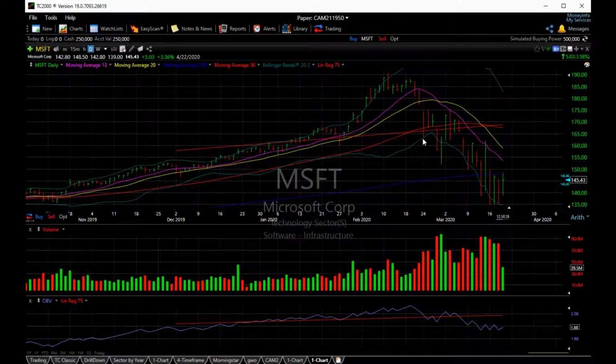And those two standard deviations are about as far as any stock or commodity will get before reverting to the mean. But as you can see on this red line, this is the 75-day linear regression, which is basically a reversion to the mean. Now, as you can see in here, the entire time that this was moving solidly higher, we were slightly below, slightly above.